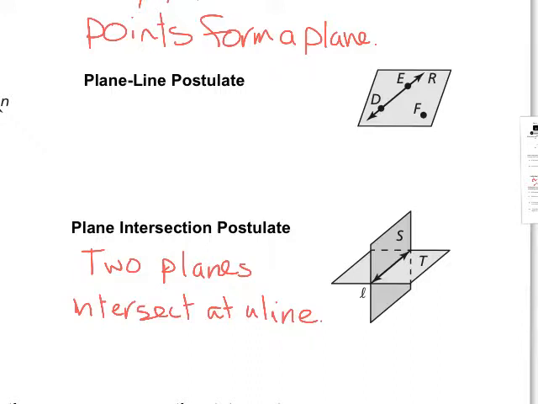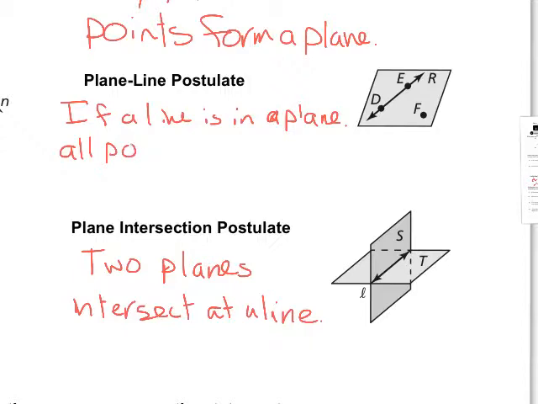Then the plane line postulate is kind of the oddball here. If a line is in the plane, all the points on the line have to be in the plane as well.